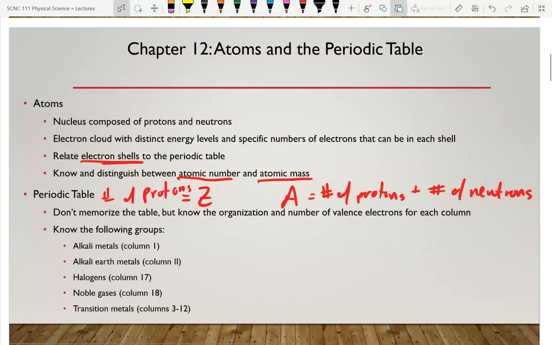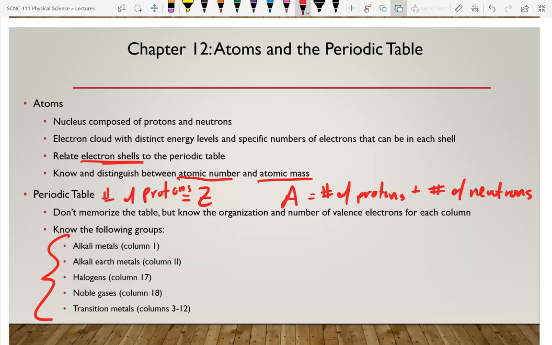Okay, then for the periodic table, like I said, don't memorize it, but you should know these groups. So group 1, or column 1 as I called it here, are the alkali metals. Group 2 are the alkaline earth metals. Groups 3 through 12 are the transition metals.